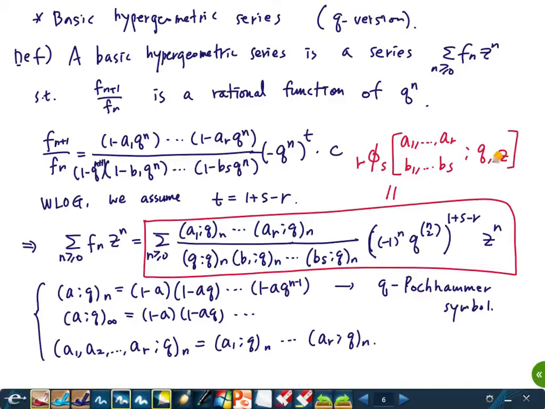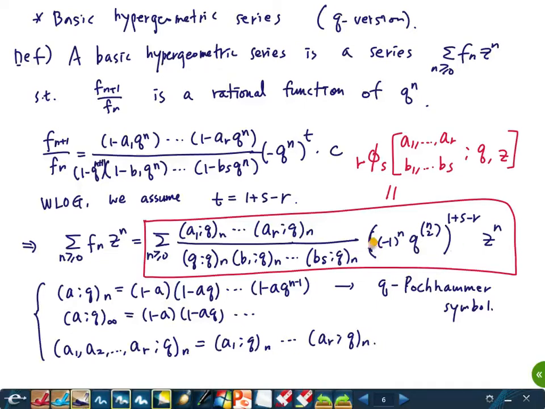So this is the standard notation for a basic hypergeometric series. These notations are things that you need to remember. Okay.